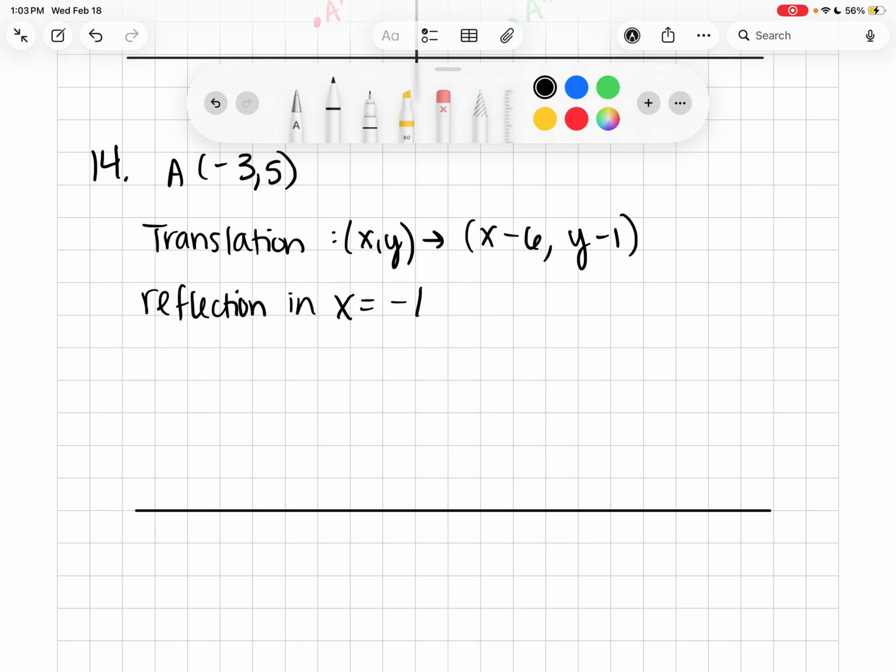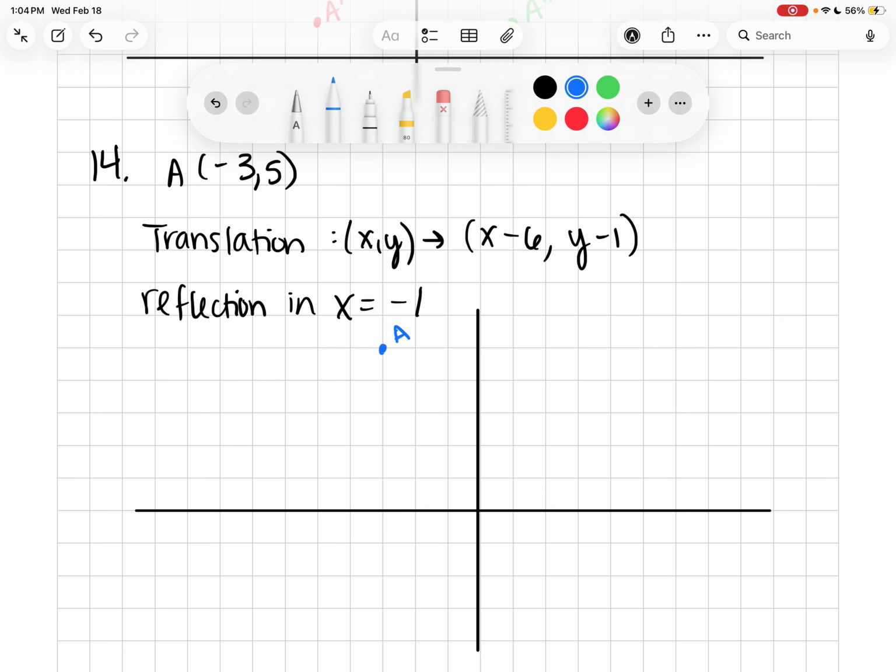I feel like I might be making this really large, but we're just going to go with it. So my initial point, negative 3, 5, up here. And then it's being translated. So the x value is going to subtract 6, and then the y value is subtracting 1.